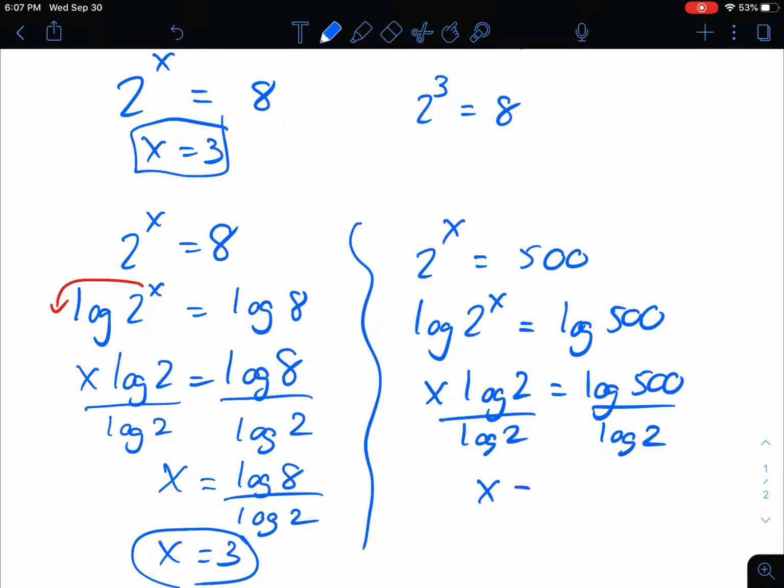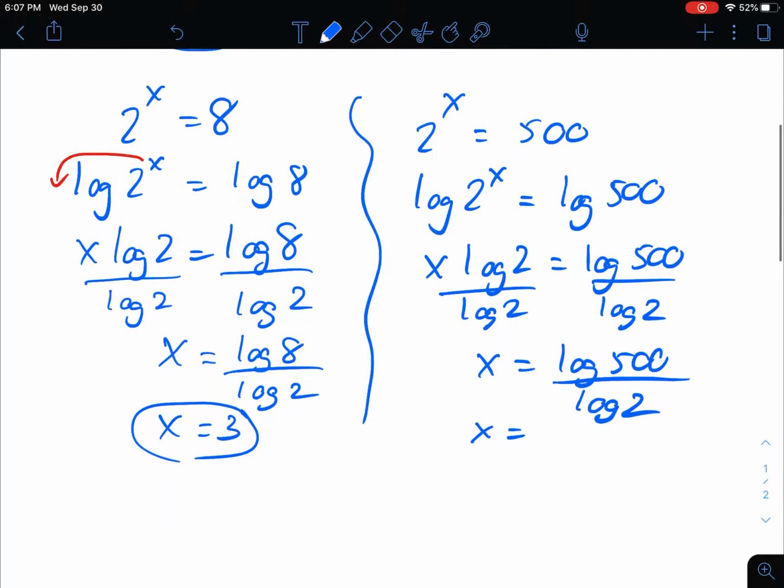So we get x equals log 500 divided by log 2. And when you work that out, you would get x equals 8.97. Okay, that's the answer to that equation.